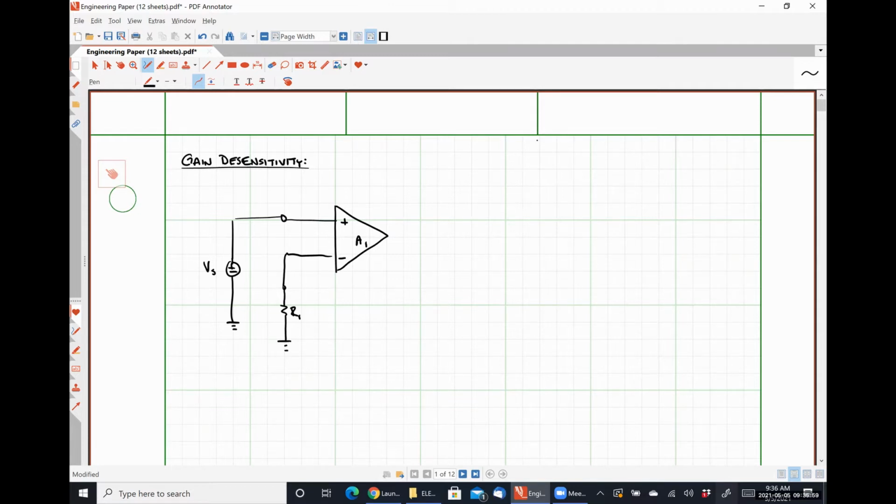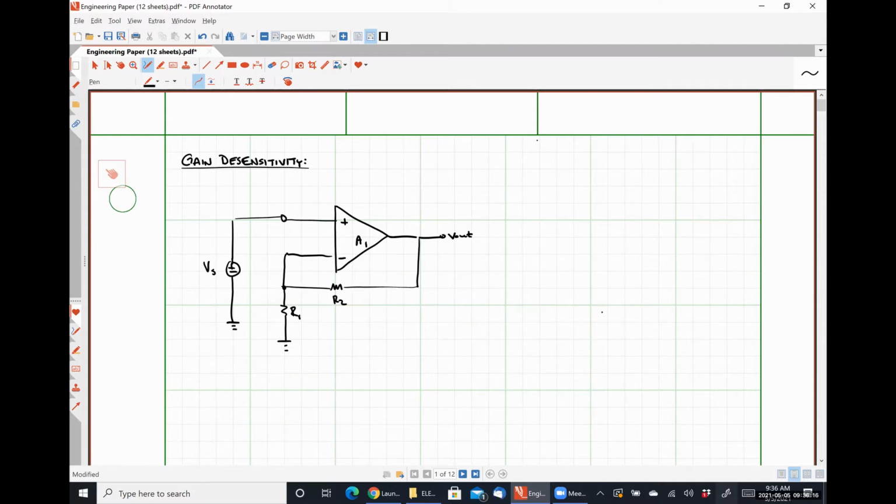Here's R1. Here is R2. And here is our output voltage.